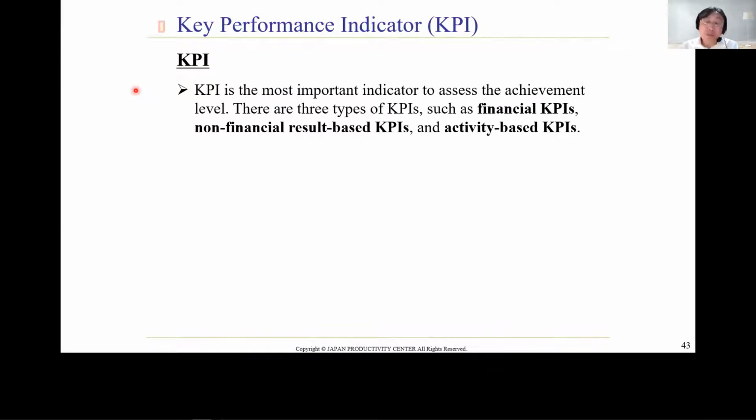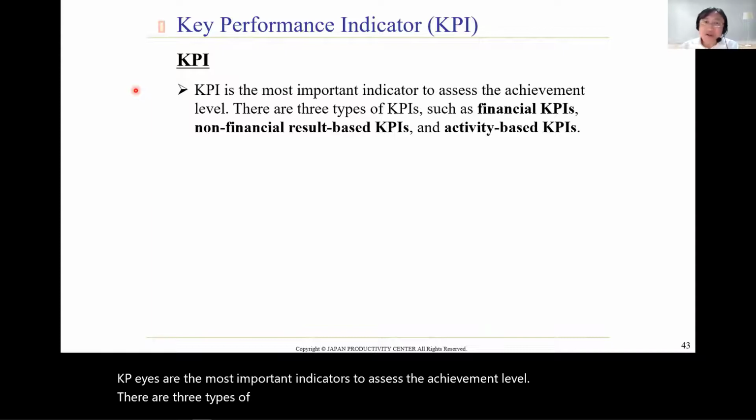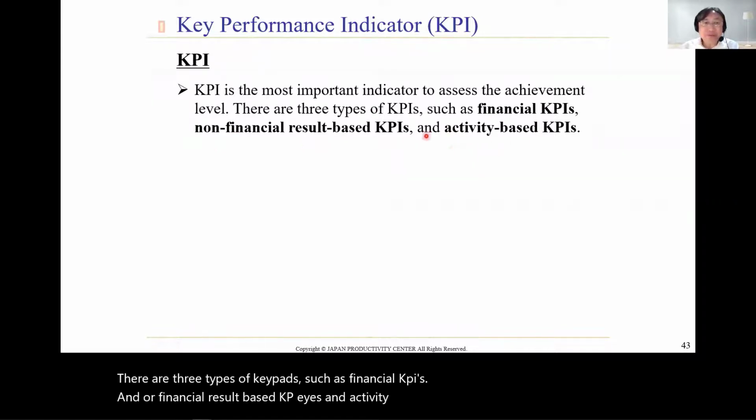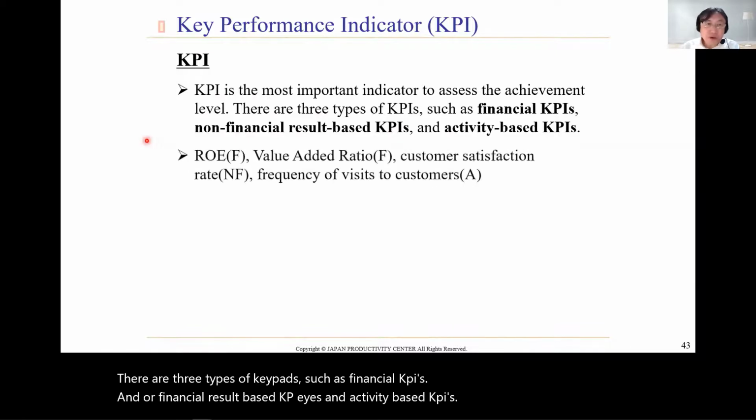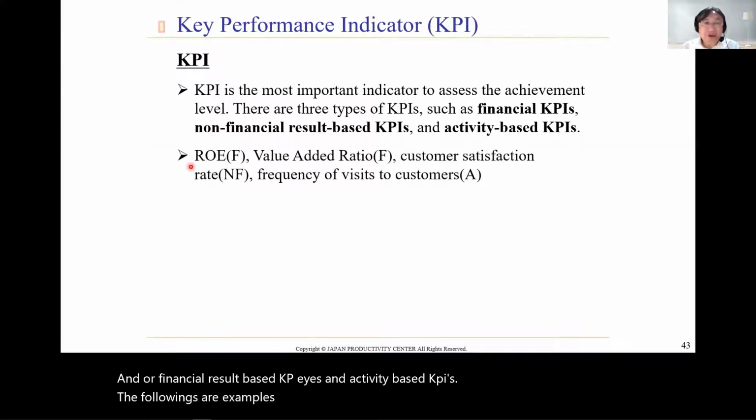KPIs are the most important indicators to assess the achievement level. There are three types of KPIs, such as financial KPIs and non-financial result-based KPIs and activity-based KPIs. The following are examples of KPIs. Return on equity.